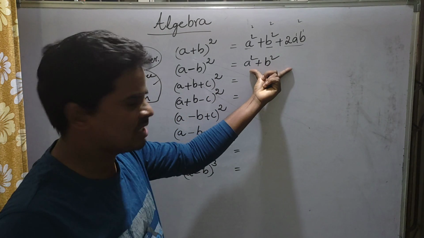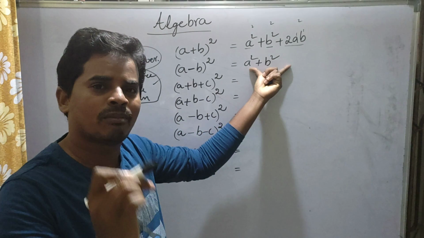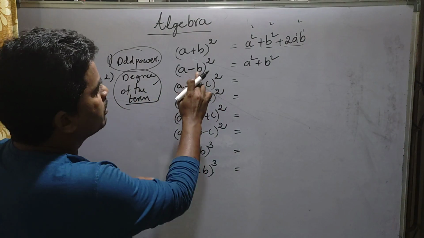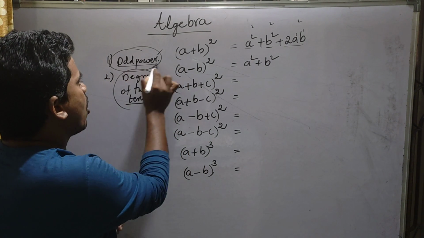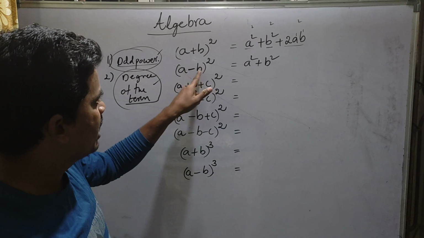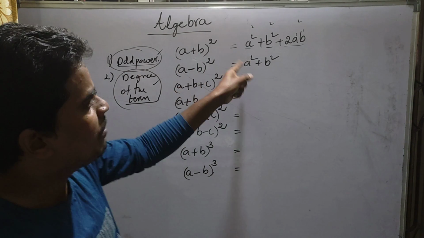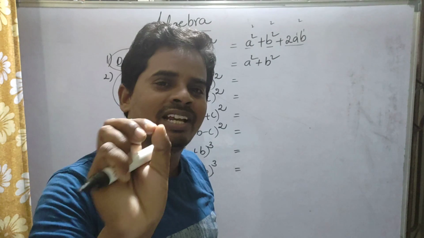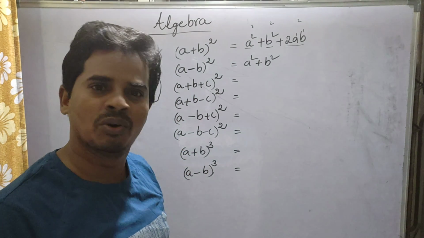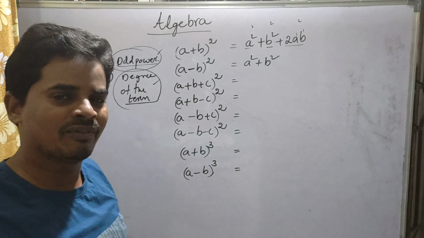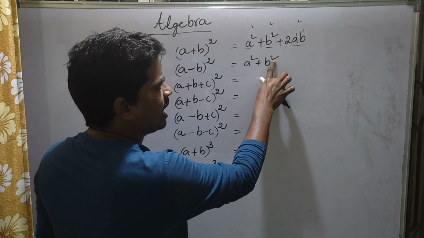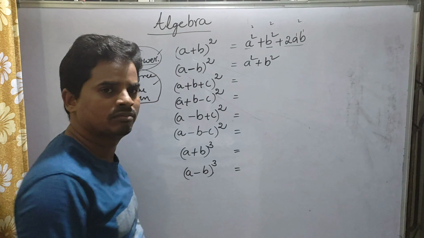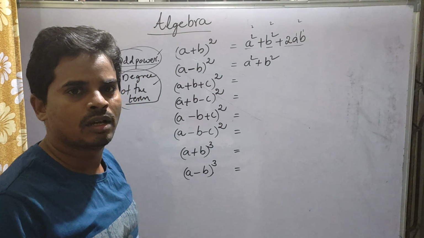So in the expansion of this formula, where will we get minus, children? Here b has minus, no? Where b has the odd power, there we will get the minus in the formula. Okay? It's very clear and very simple also. Here b is there in b square, but b has the even power, so plus will come. Minus will not come.